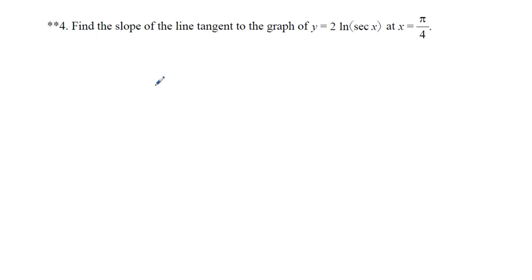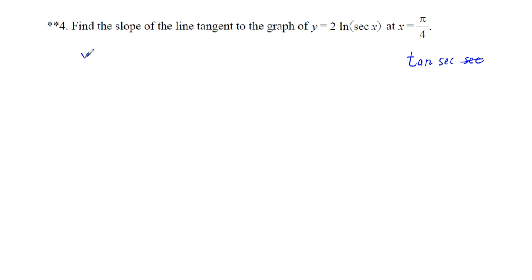Next, problem 4. Find the slope of the line tangent to the graph of y equals 2 ln secant x at x equals pi over 4. Well, again, as we did in problem number 3, if we write out tangent, secant, secant, we cross out what we want to take the derivative of. So we want to take the derivative of secant. We have tangent secant.